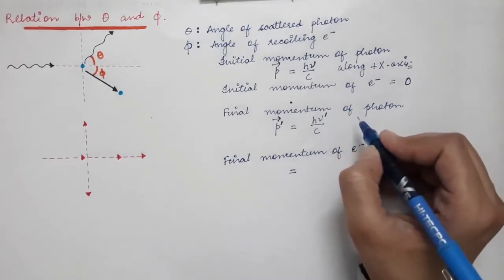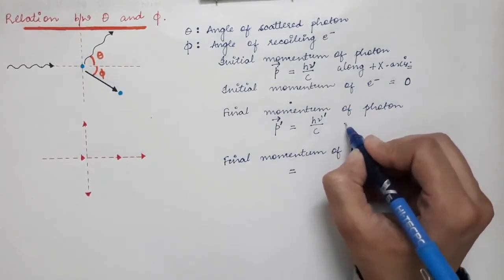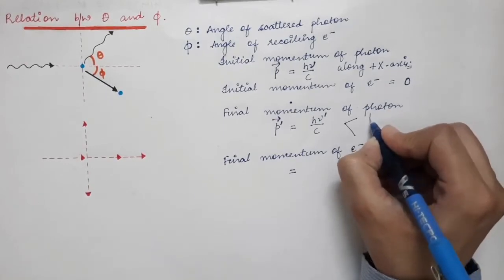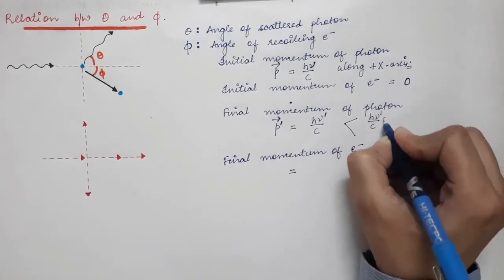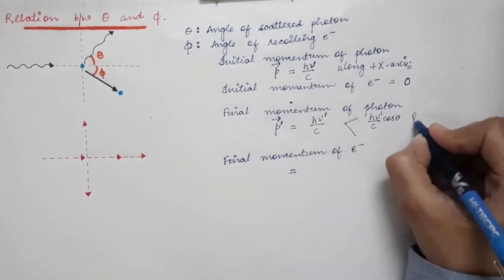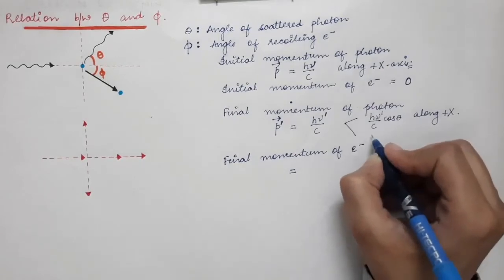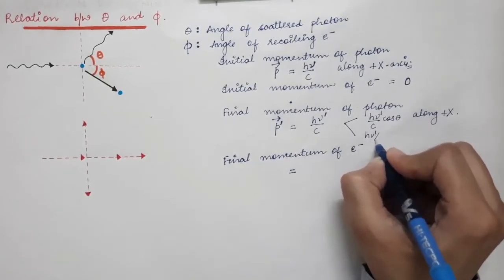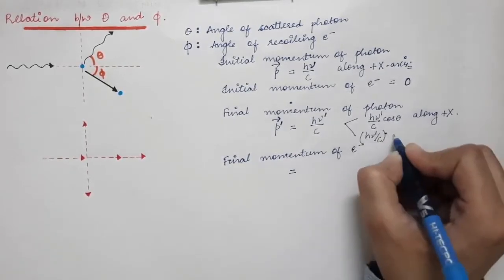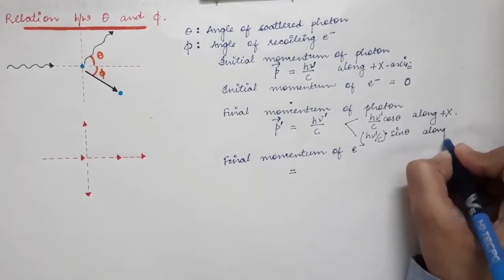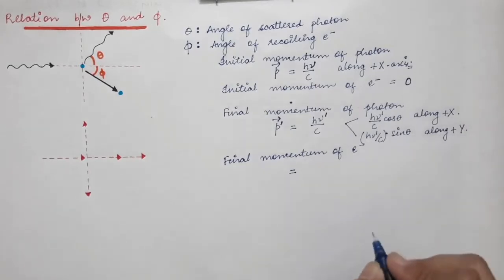So one is p prime cos theta, meaning h nu prime by c cos theta, along the positive x-axis, and another one is h nu prime by c sin theta, along plus y-axis.